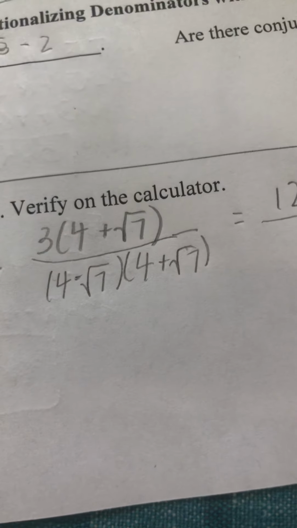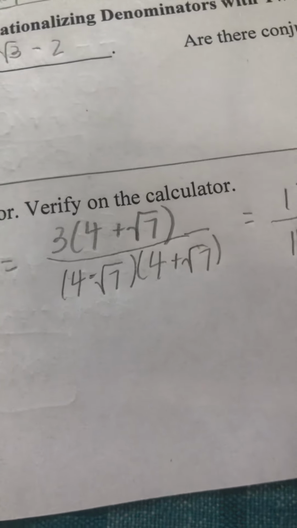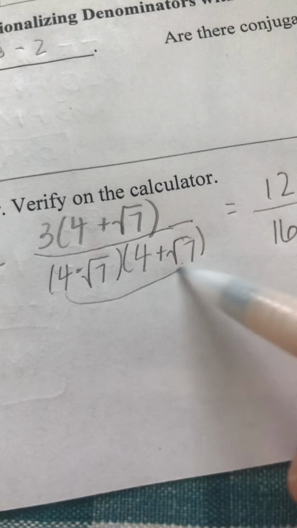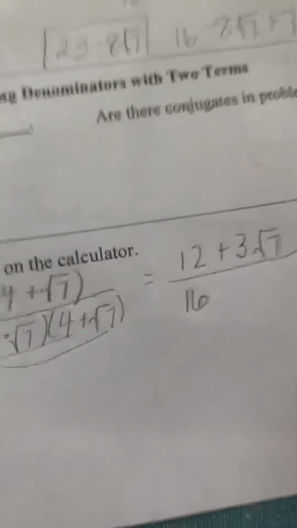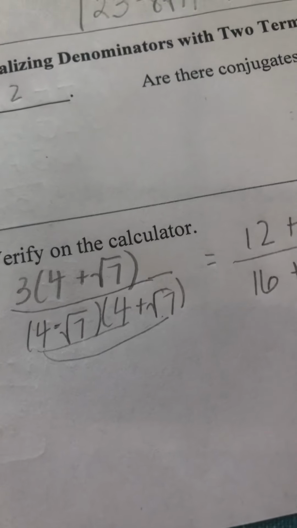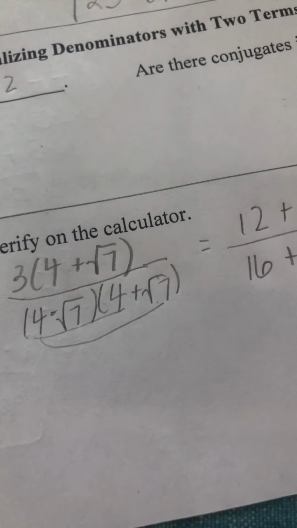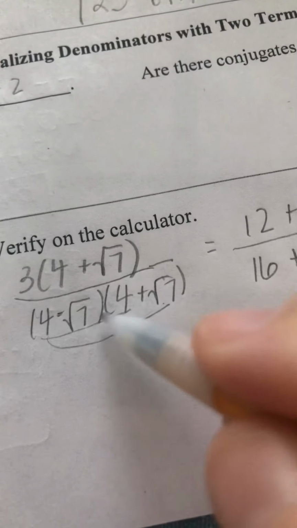So here we go. 16 for the first term, 4 times 4. Outers, 4 root 7. Inners, minus 4 root 7. So that's those two.